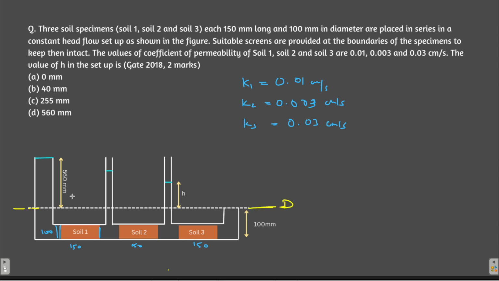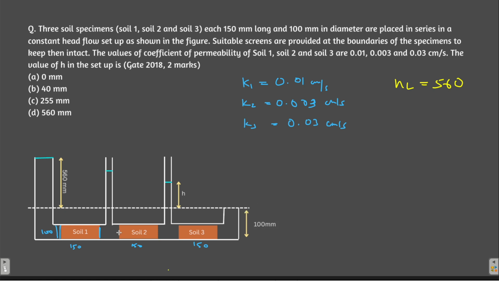So 560 from this datum is the initial head, and the final head is at this datum. Initially it was 560 and finally it's 0 if we consider it as datum. So the total head loss here is 560 and not 460. It's very important that you calculate the head loss correctly.